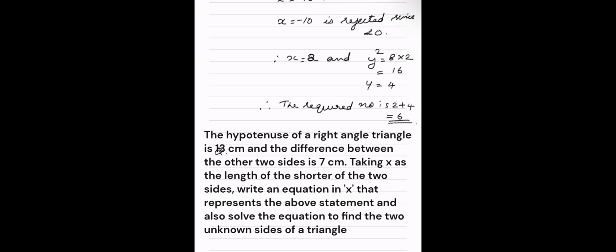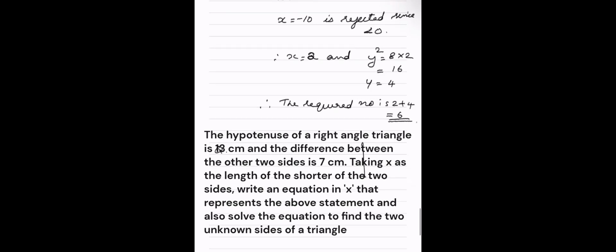Geometrical figures related, okay? The hypotenuse of a right triangle is 13 centimeter and the difference between the other two sides is 7 centimeter. So basically you have a right angle triangle and here the hypotenuse is 13 centimeter. Difference between the other two sides means one side is x and the other side is x plus 7.